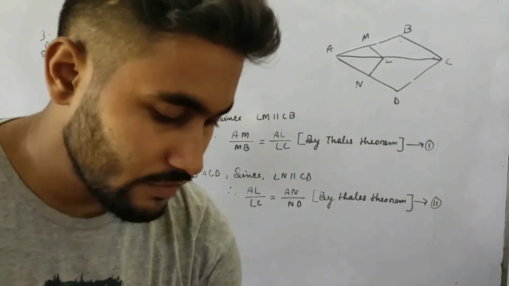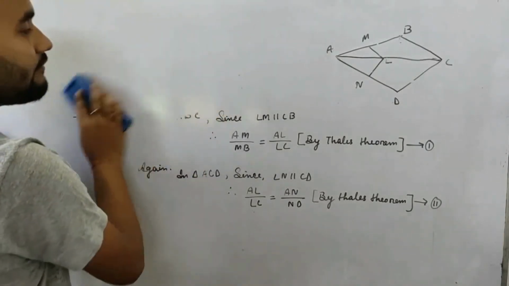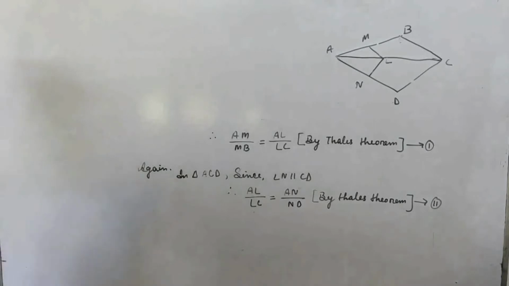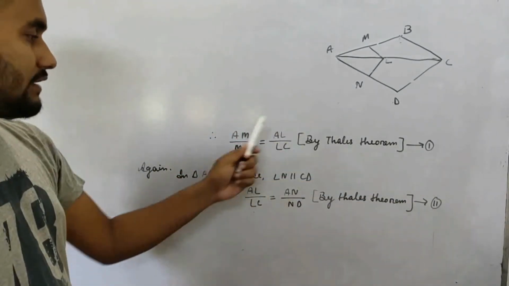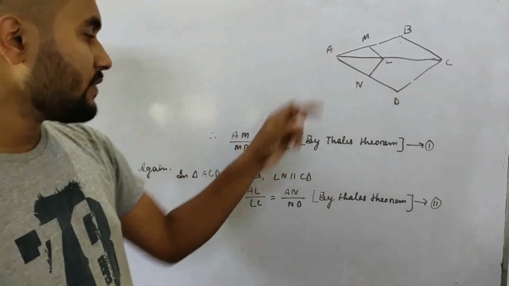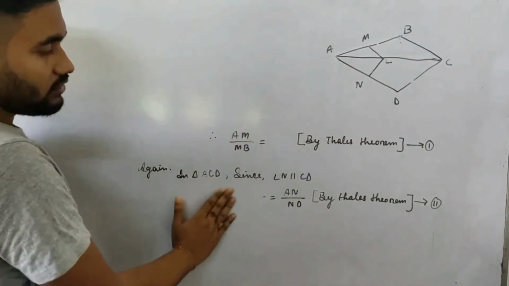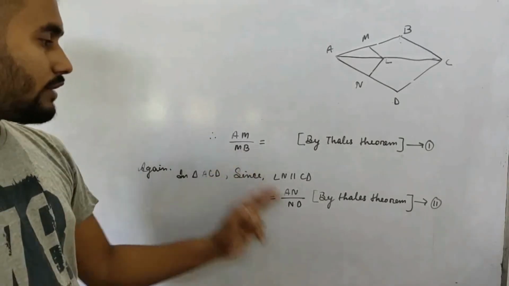Now very simple step. We will apply from 1 and 2. You see from 1 and 2 what we have in common. Over here also I have AL by LC. Over here also I have AL by LC. This line is common, right? So if these two are equal, they are common only. So what is remaining? These two will be equal.